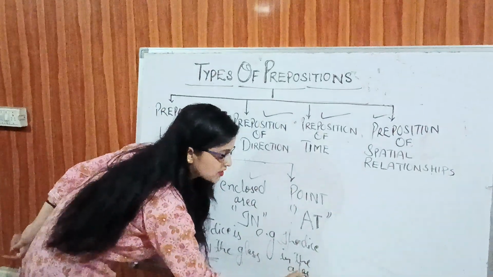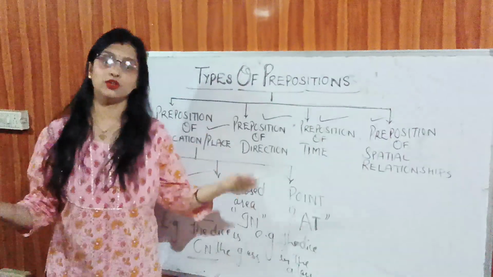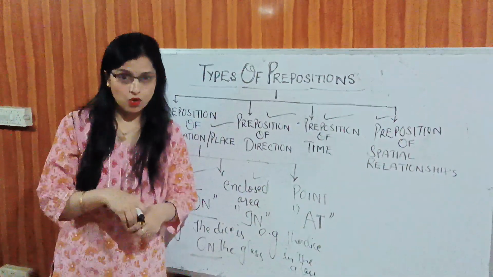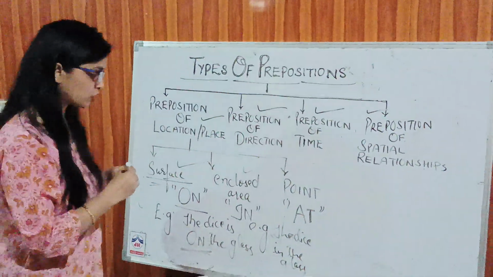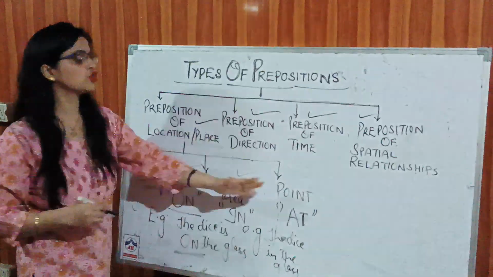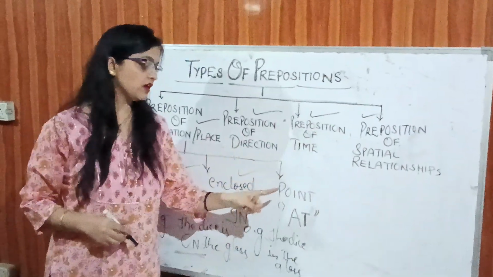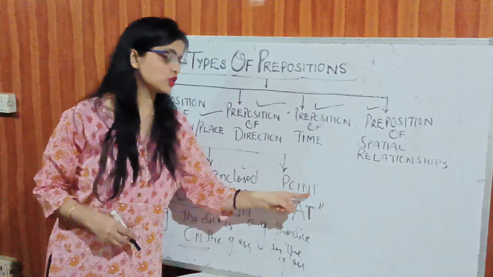Like I am living in India. I am living in a country, a very big area. And the cat is in the box. There are so many examples. Got it? All right. So next and the last is the preposition we are going to use to show the location, but this time on the basis of point.